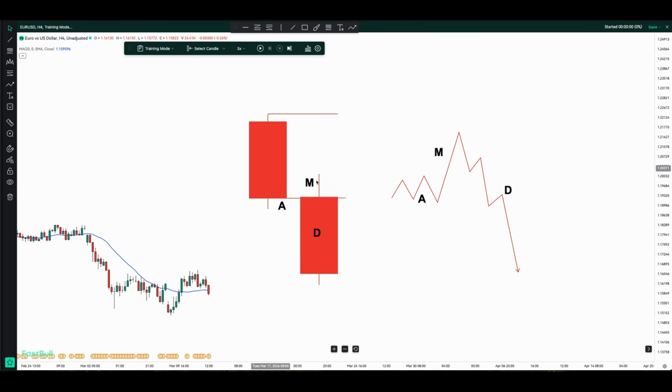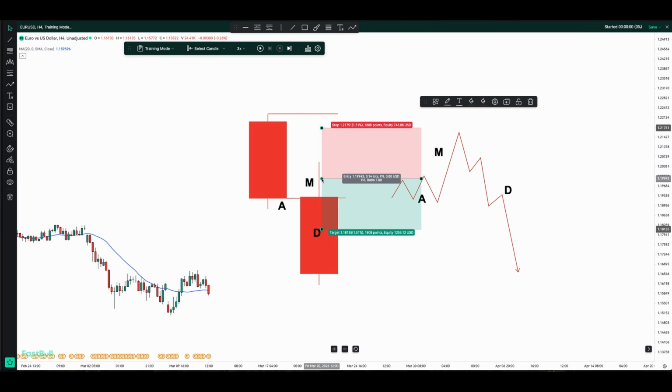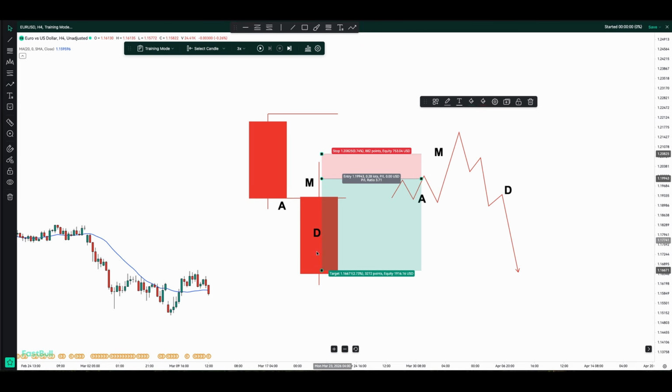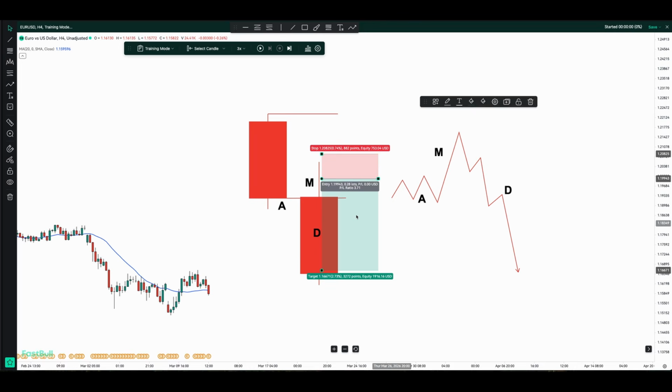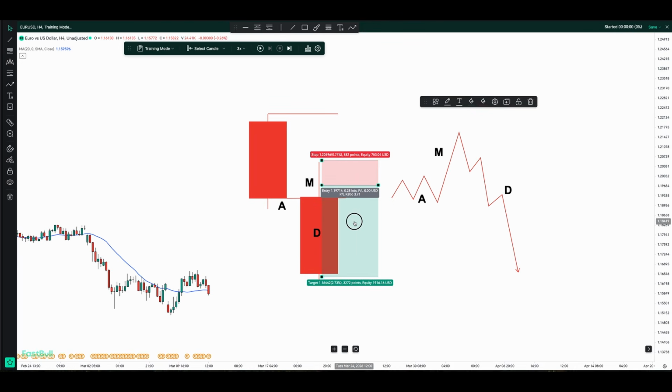So we want to trade this current candle by entering trades within its manipulation zone, which is usually manipulating the previous candle's distribution zone. So we want to get entries right here. So our entries will be in that manipulation zone, and then our stop loss can be just like that. And then we want to take profit within the distribution, which is the body of the current candle. So we want to enter trades and hold them for something like this.